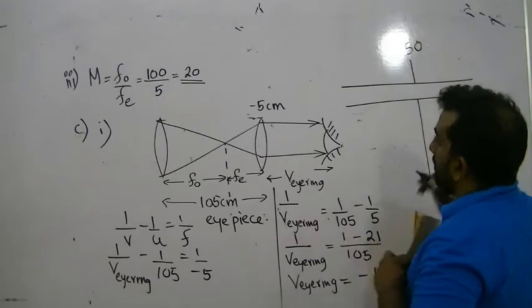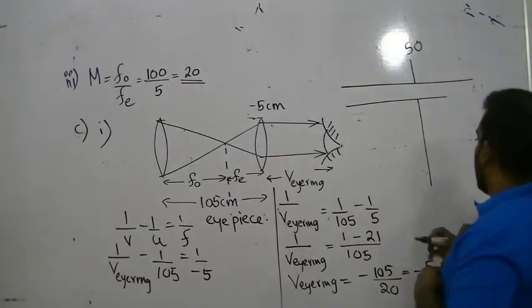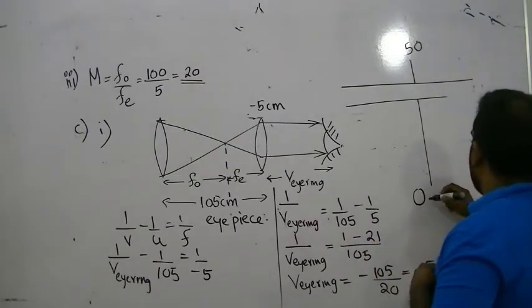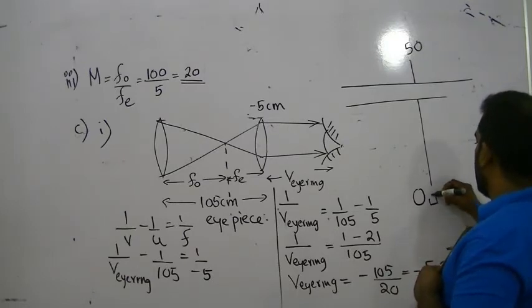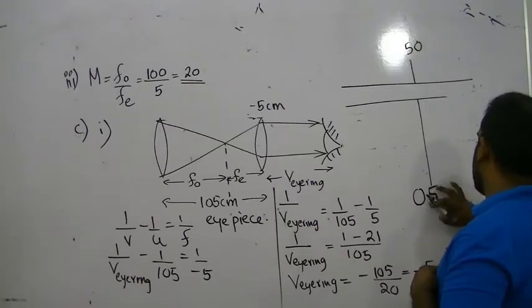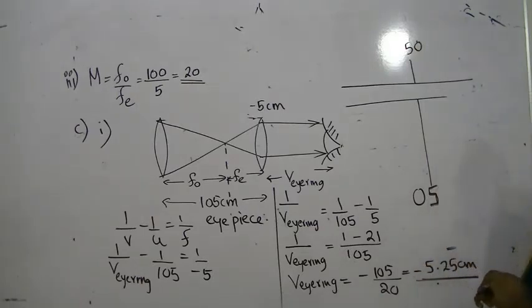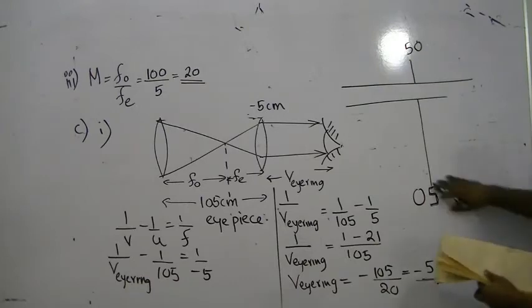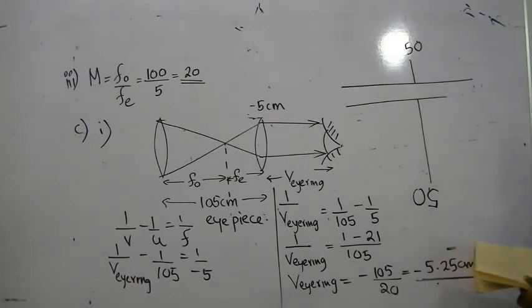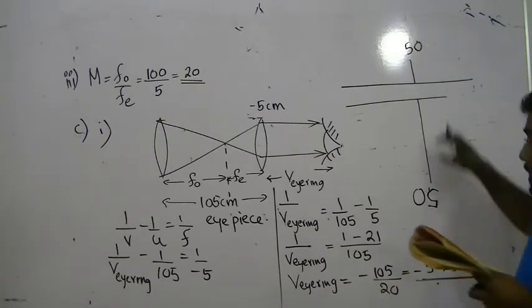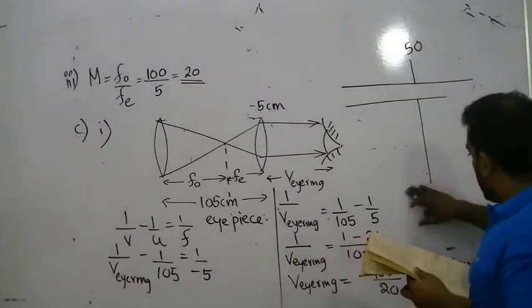This is 50. Remember, it is inverted and laterally inverted. Inverted and laterally inverted means the 5 will be on the other side, like this. Magnified also 20 times.